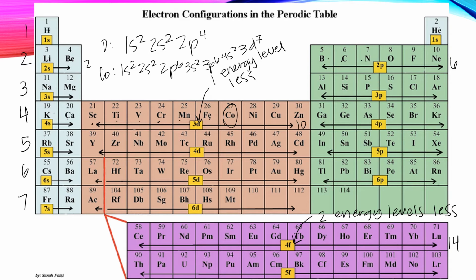So that would be for cobalt. If we wanted to do its abbreviated noble gas configuration, we go up to the previous noble gas, which is argon, and we would put argon in brackets to represent everything up to this point, and then we would continue with our 4s2 and 3d7.